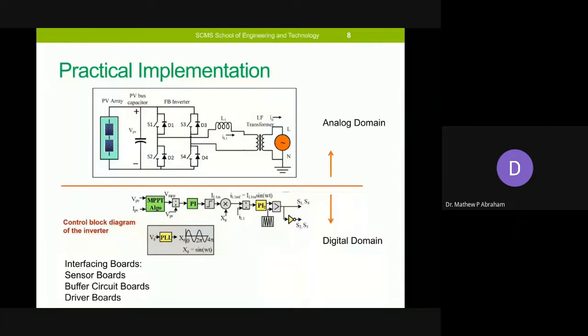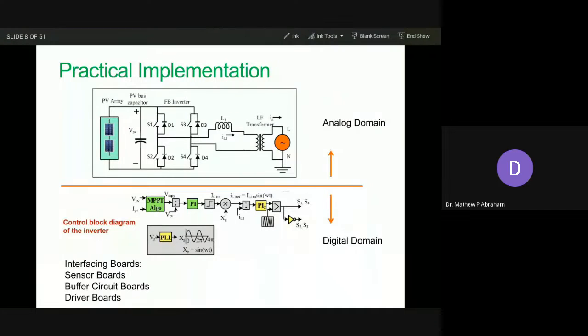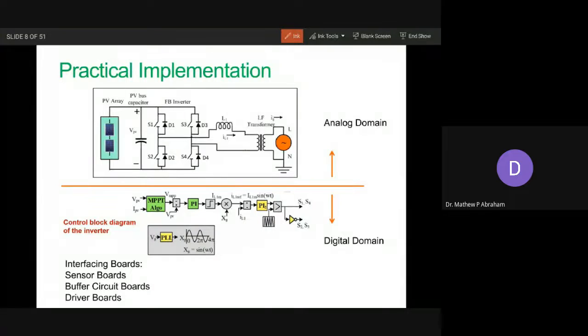This entire digital domain is implemented using either a DSP controller, microcontroller, or whatever it is, or a desktop PC itself.